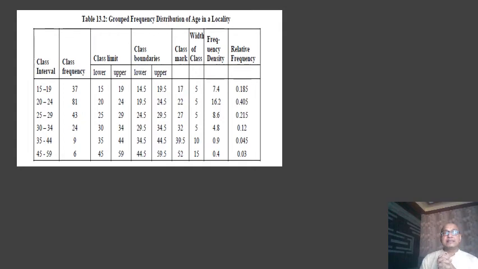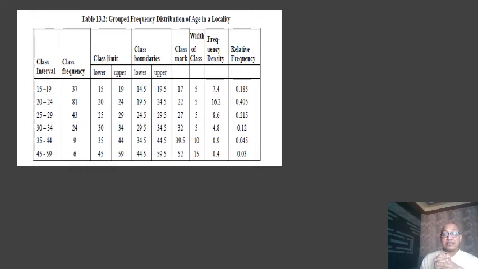Third thing is class limit. The two numbers used to specify the limit of a class interval for sorting the original observations are called class limits. Next thing is class boundaries.